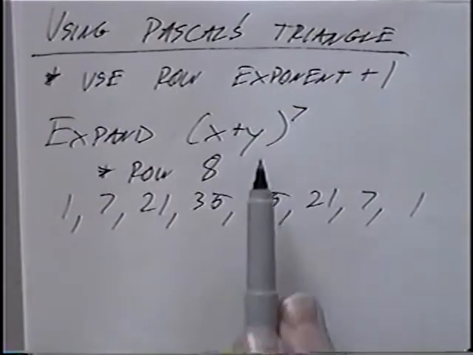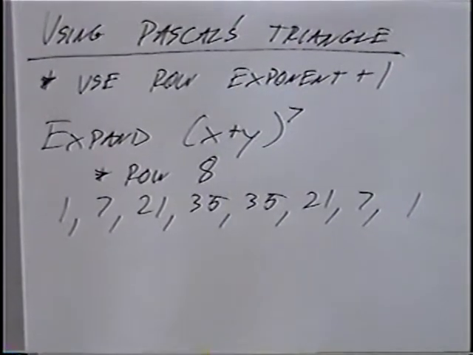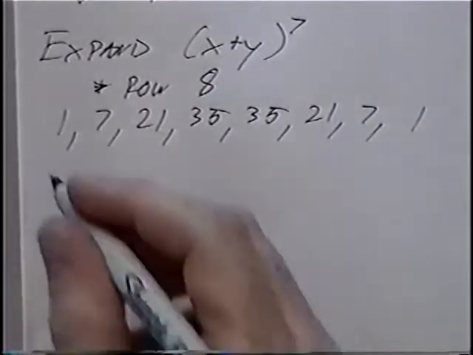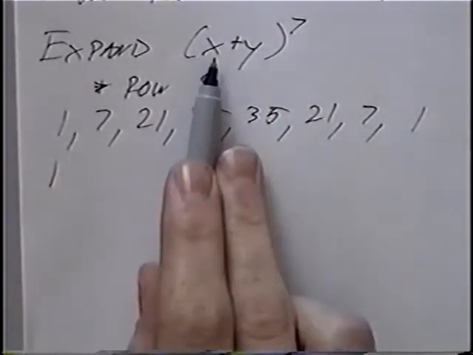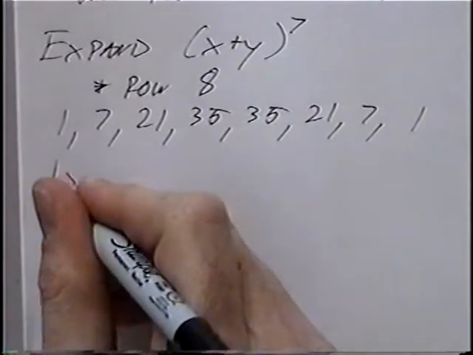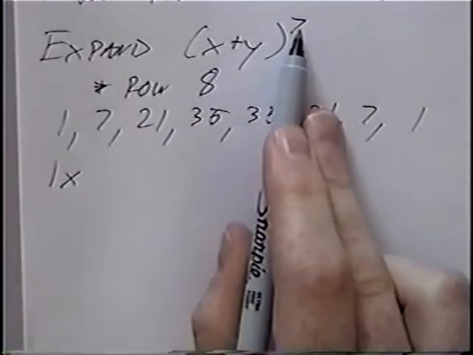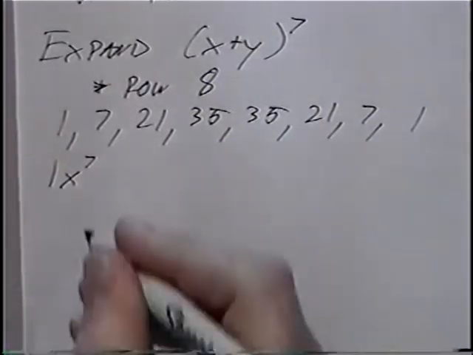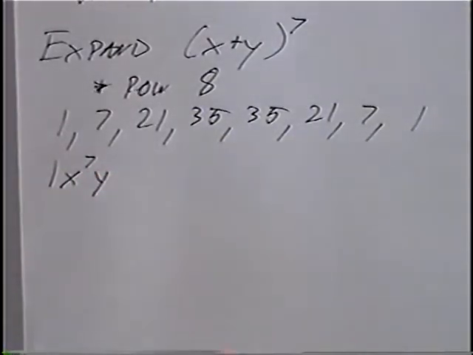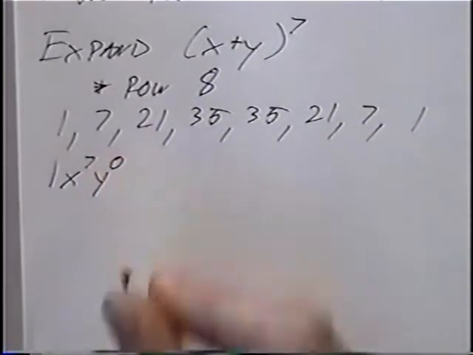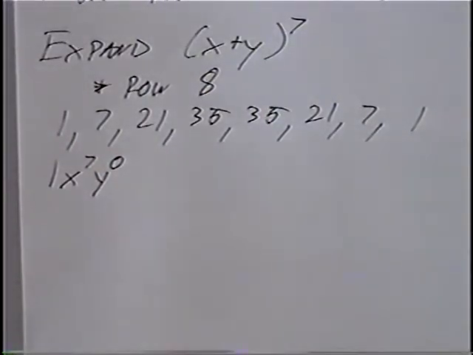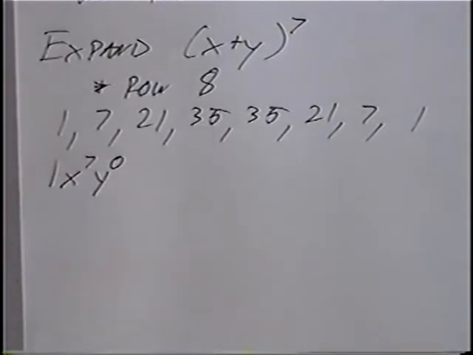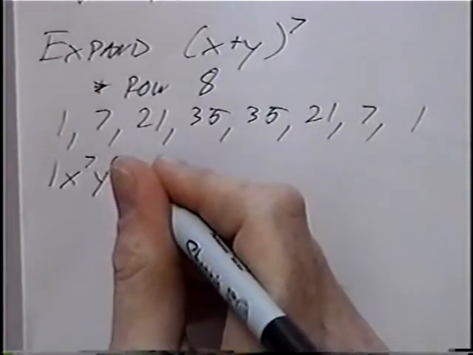To get the answer for the expansion of x plus y to the 7th power, we'll take the first number, which is 1, followed by the first variable, which is x. The exponent will be the exponent originally in the question, which is x to the 7th, followed by y. The second variable will always start with a 0 exponent. And this will be our first term in the sequence, 1, x to the 7th, y to the 0.